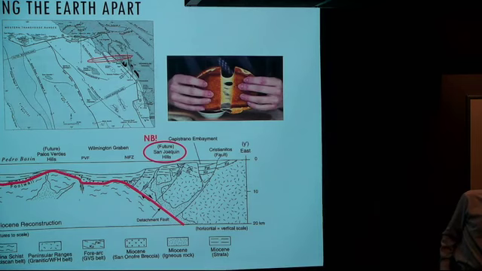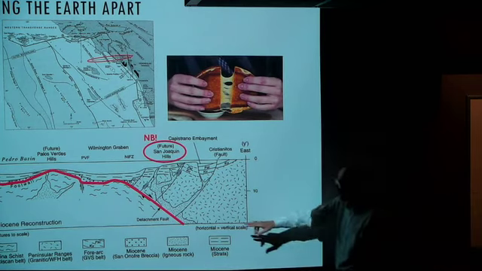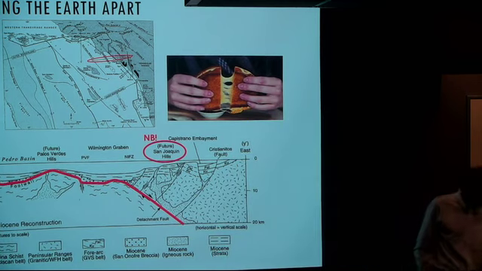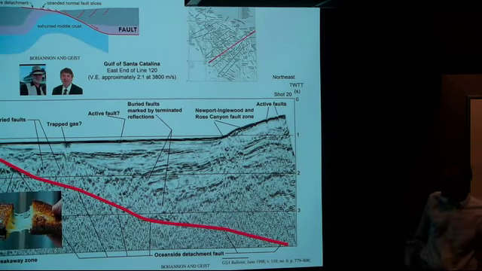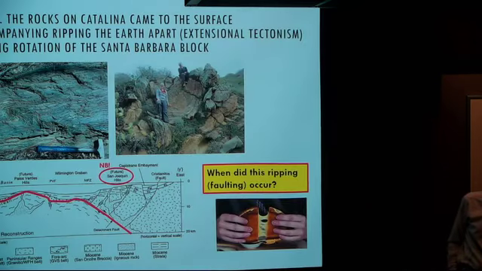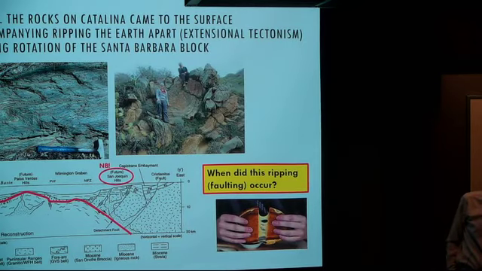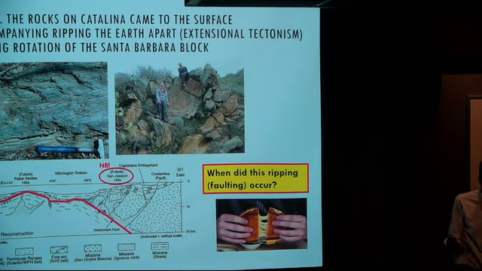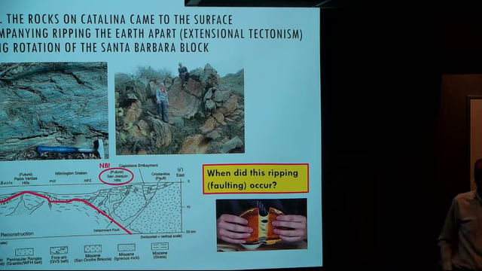So Crouch and Suppy proposed this red fault had brought the Catalina schist up, and Bohannon and Geist actually show you, well, there's the actual fault. We found the fault. So the rocks on Catalina came to the surface, accompanying the ripping of the earth apart, the extensional tectonism during the rotation of the Santa Barbara block.